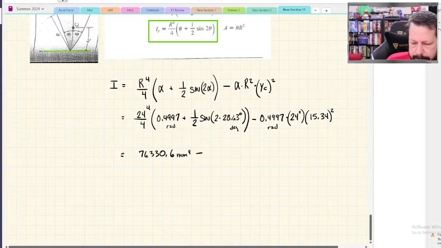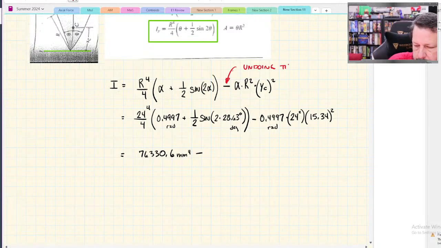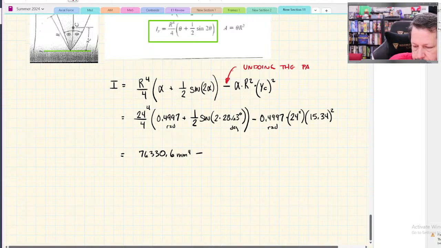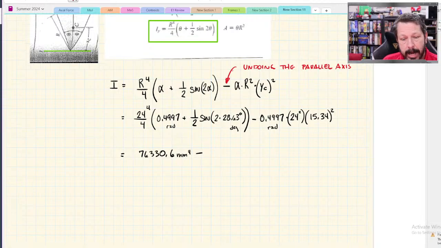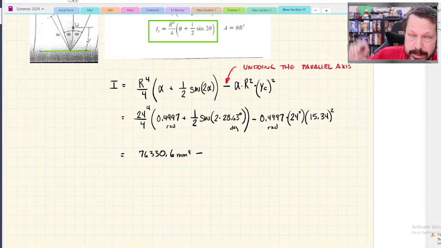But I've got to subtract off. Remember, here I'm undoing the parallel axis theorem, because they gave me I Y as the moment of inertia about the y-axis, and they put the y-axis at the point, not at the centroid of the sector.